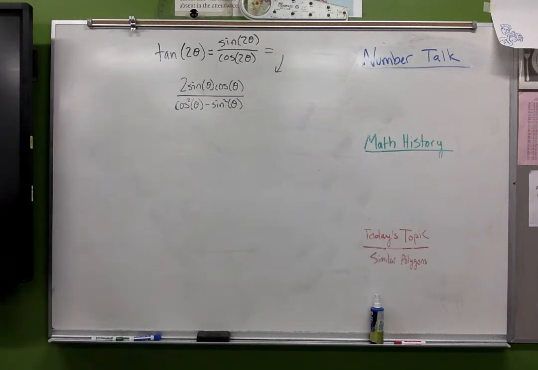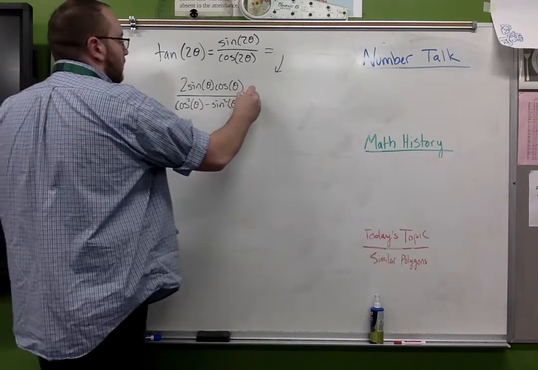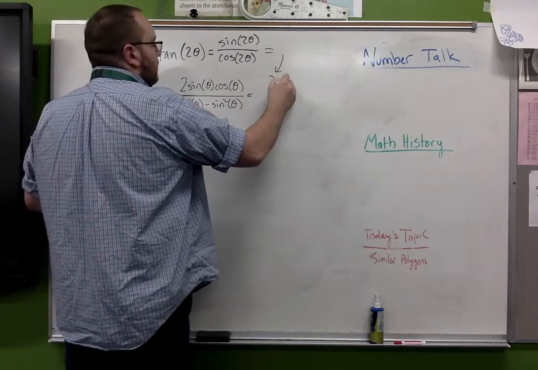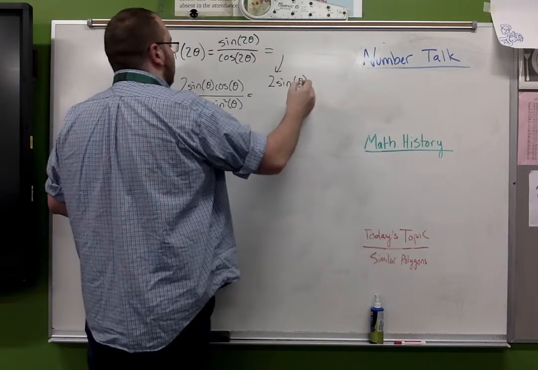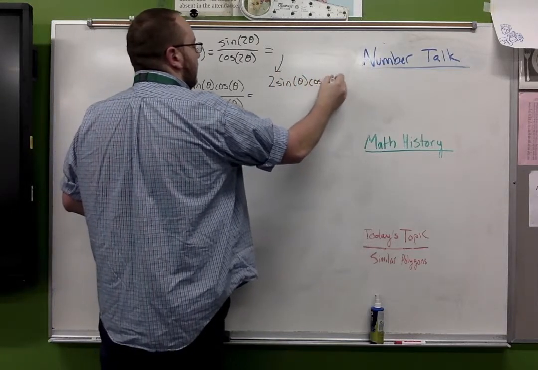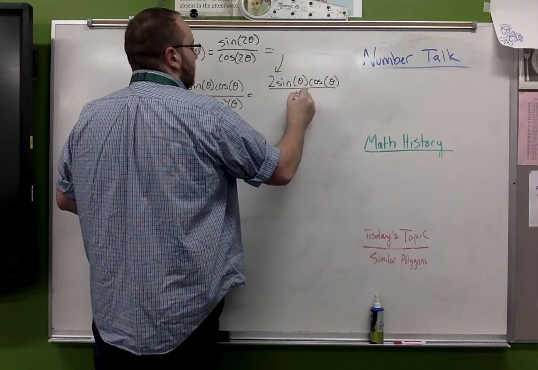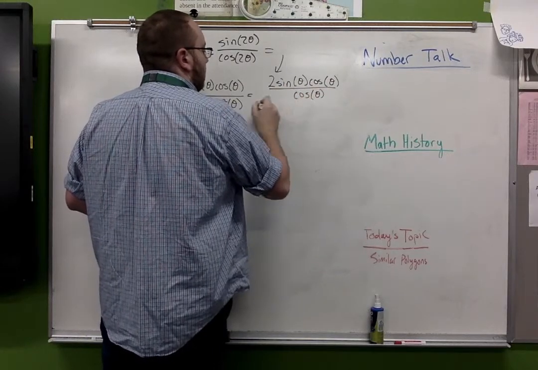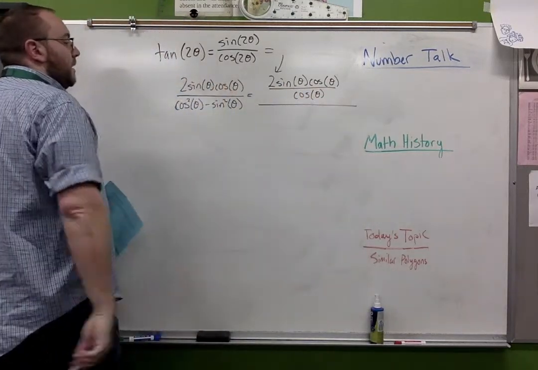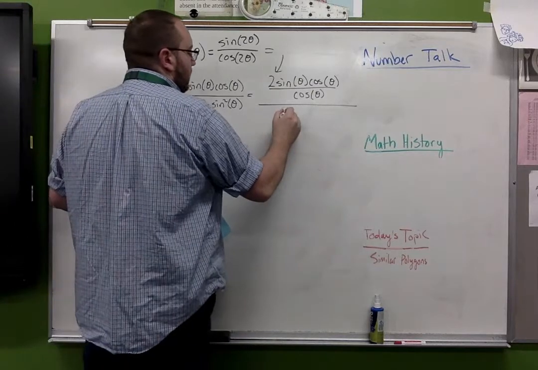Now I'm going to divide numerator and denominator by cosine squared. This is going to set our identity up to get in terms of tangent.